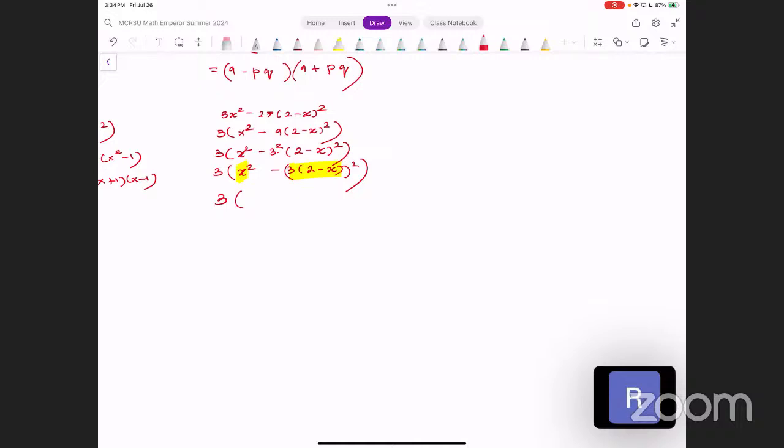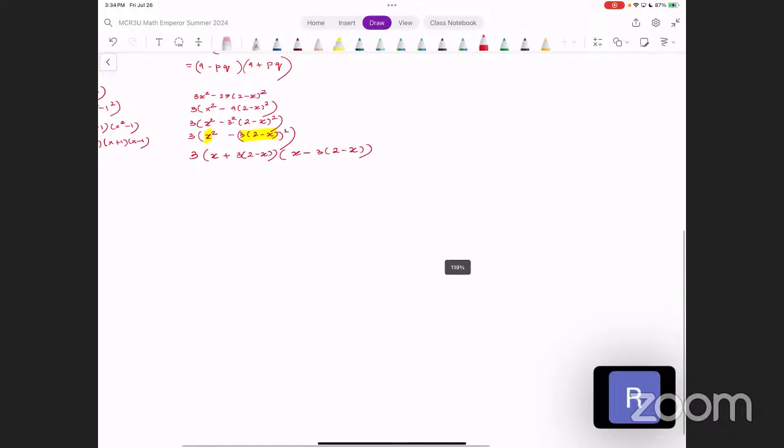So this is 3 times x plus 3 times 2 minus x, and then x minus 3 times 2 minus x. Are you seeing that? A plus b times a minus b. Following that? Well, we can simplify that further. 6 minus 3x, x minus 6 plus x.